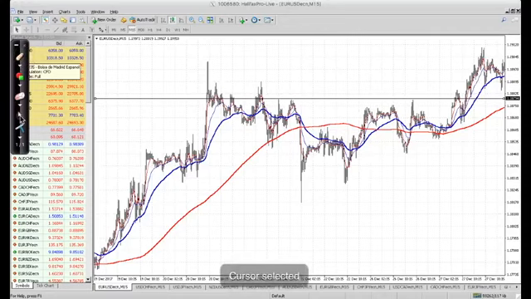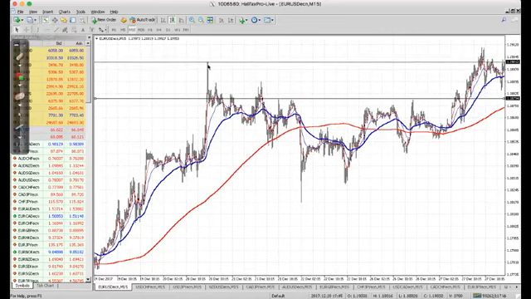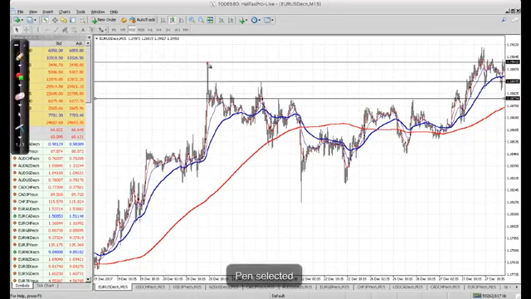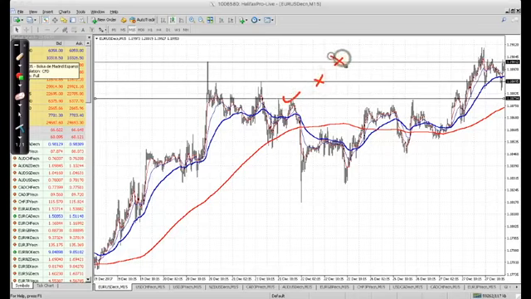Some of you may ask, why don't you draw it here, or here? Why do you draw it here and not here? What's the reason? Well, I like to draw the resistance where it touches as many points as possible.